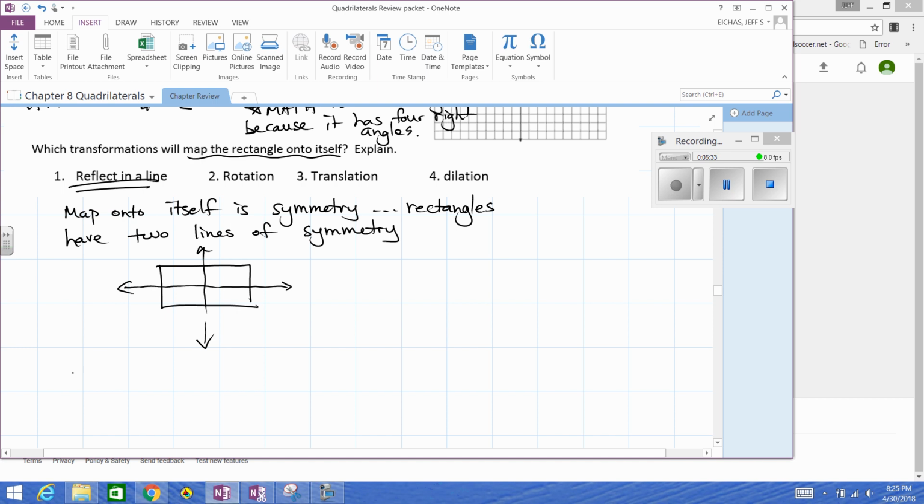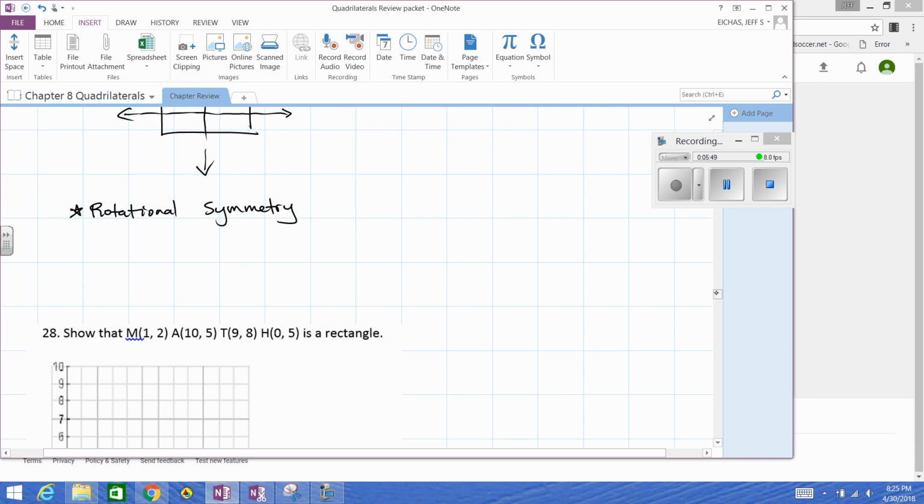Rotational symmetry, yes. Okay, rotational symmetry. That's going to happen here, where the diagonals cross is going to be the center, and 180.